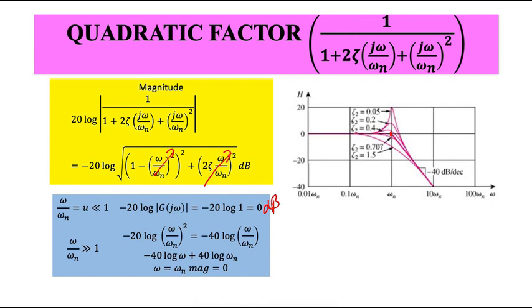Now what is the other approximation? The other approximation comes when omega by omega n is greater than 1. In that case, my magnitude becomes minus 20 log omega by omega n whole square.